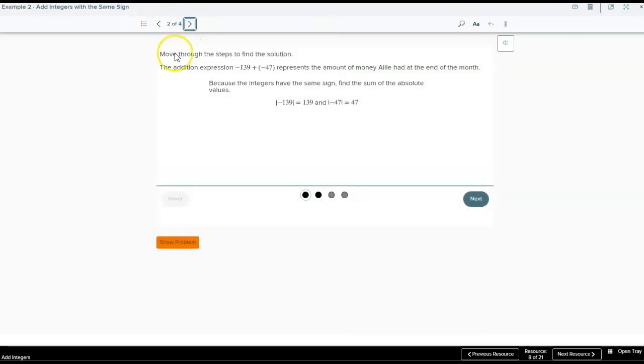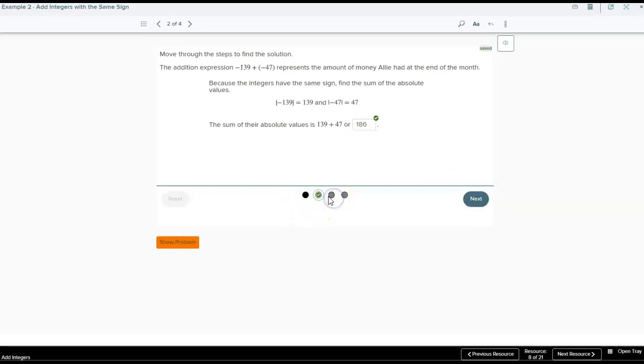If she borrowed money, then we're going to say that she has negative $139 because she actually doesn't have that money. She has to pay it back. And then she spent another $47. So if we add those two amounts together, the absolute value would be 186.